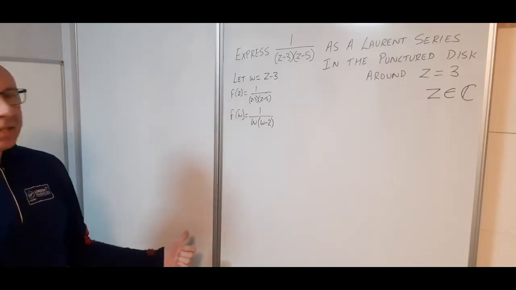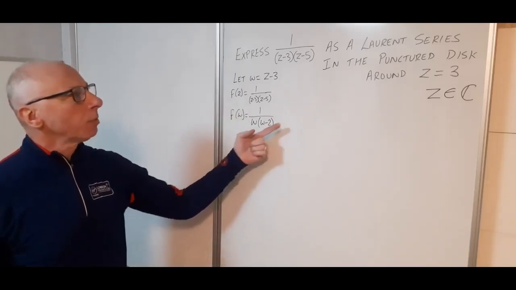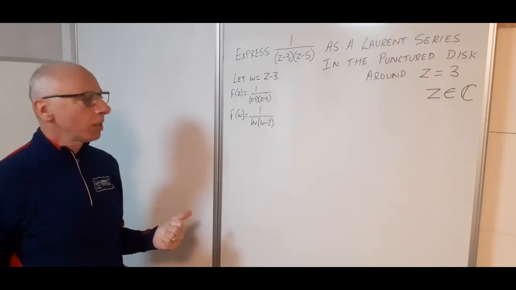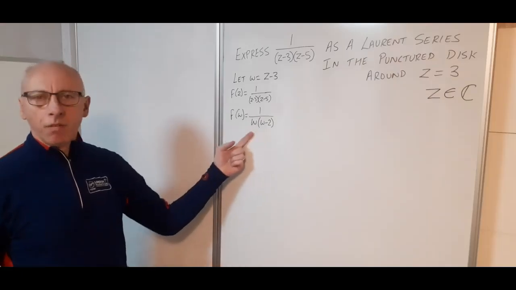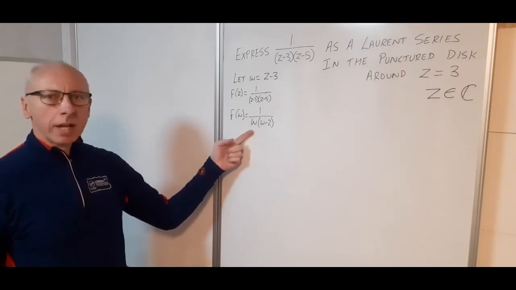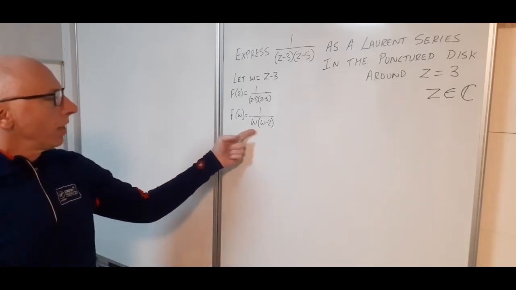Okay, now as we're trying to get a Laurent series, we want to get some sort of power series representation of this by manipulation of the algebra. So what I'm going to do now is partial fraction decomposition of this.